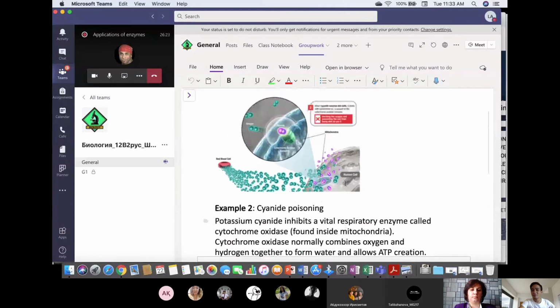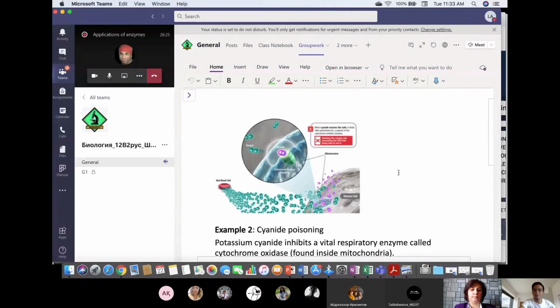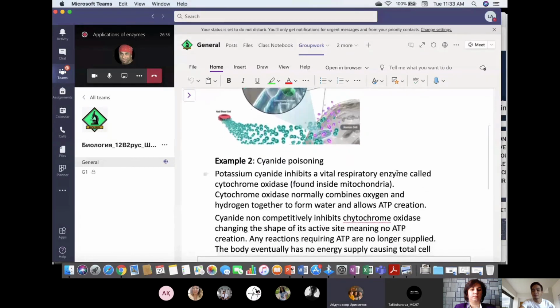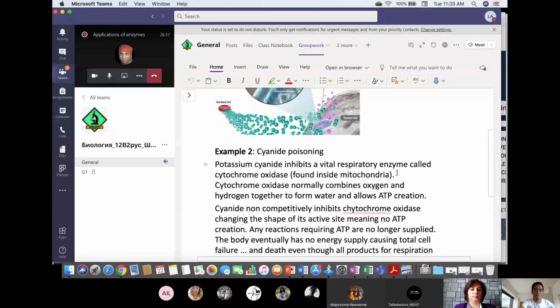Now, is this positive or negative? It's a negative effect. Definitely it's negative because of the word poisoning.